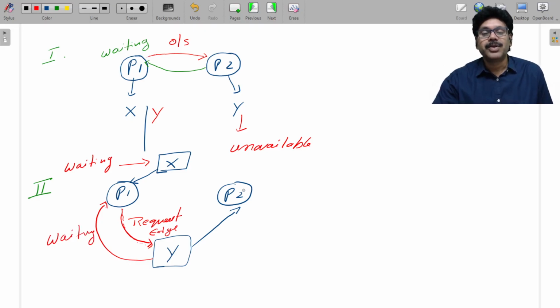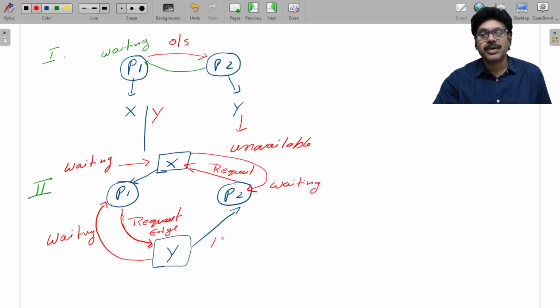Now, P2 also needs resource X. It contacts the operating system that it wants resource X. Again, the operating system verifies that X is already held by P1. Then the request edge given by P2 becomes a waiting edge.